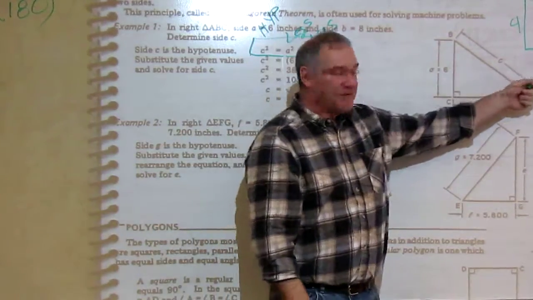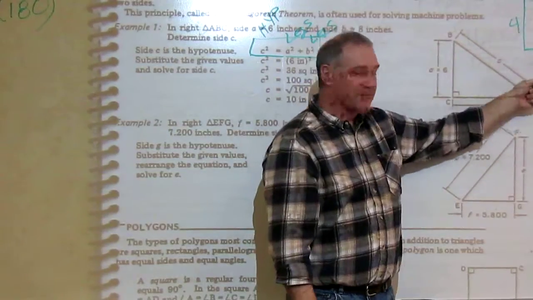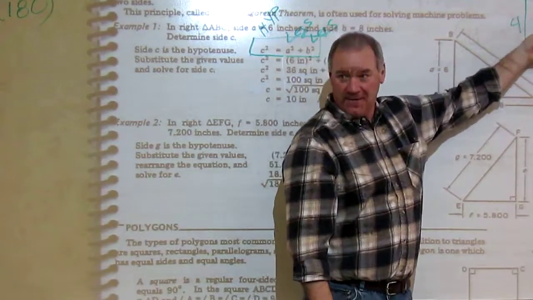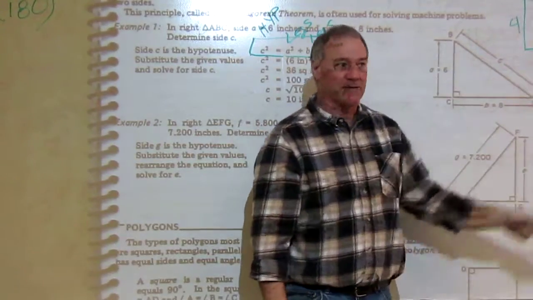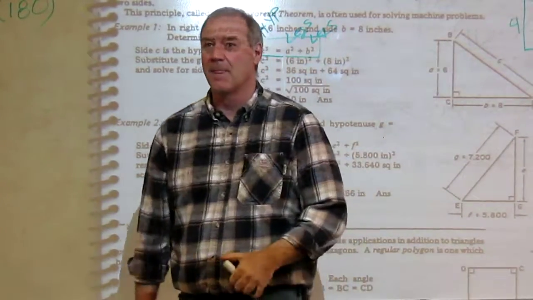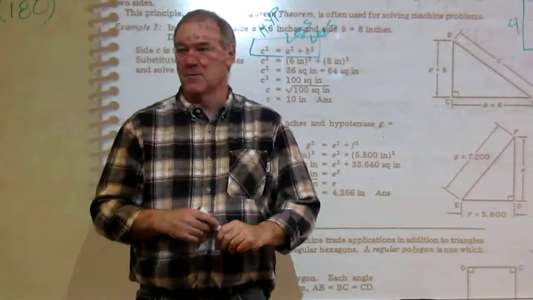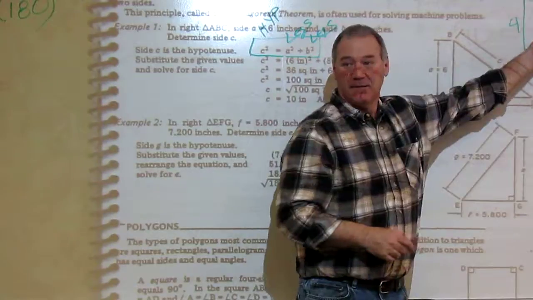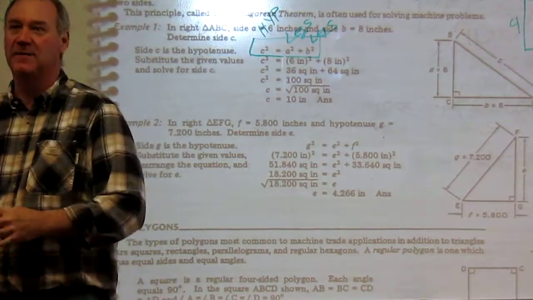It can be 3 inches, 4 inches, 5 inches, or it can be 3 feet, 4 feet, 5 feet. Or it can be 3 miles, 4 miles, 5 miles. Units don't matter. Any equivalent of this also works. 6, 8, 10 also is always a right triangle.